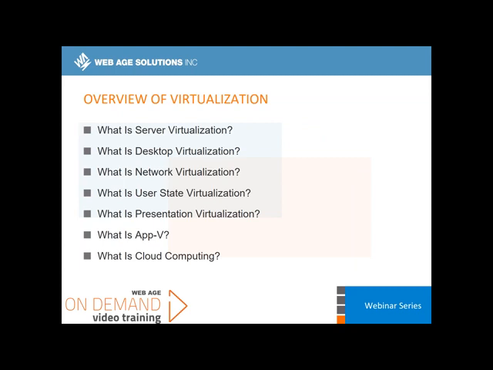We have quite a few kinds of virtualizations out there. We're talking about server virtualization, desktop virtualization, network virtualization, user state presentation, App-V, cloud computing. If we look at what virtualization basically is, it's taking an operating system, and instead of putting it on a bare metal computer, we create an environment for it.